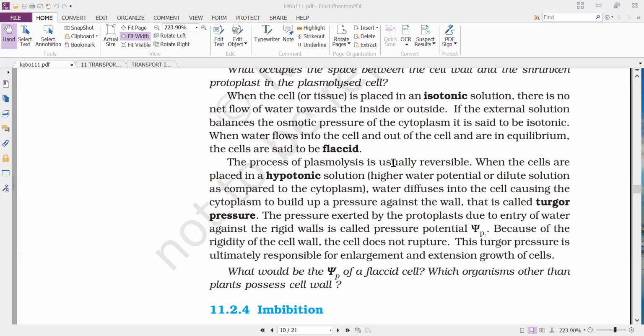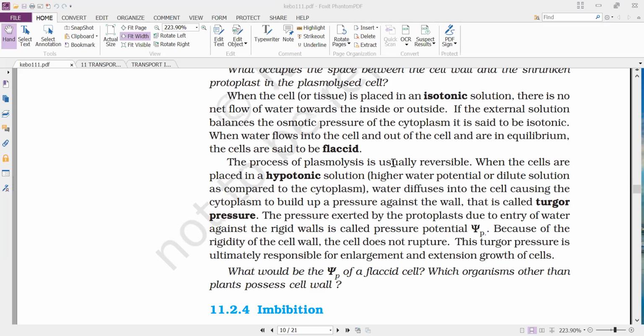So the water will continuously try to enter. Because water continuously enters the cell, some pressure is applied on the plasma membrane by the water. Whatever pressure is exerted by the water on the plasma membrane is applied on the cell wall.